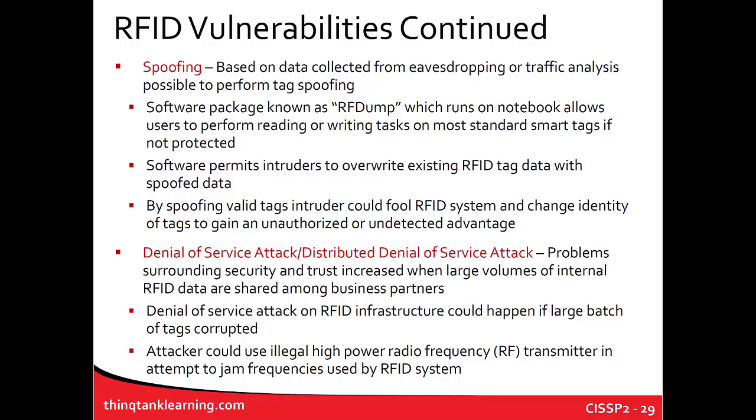Meaning the attacker can use data that they gather from eavesdropping or traffic analysis to generate their own fake RFID tags. We can also do data overwrite, meaning we can inject bogus data into the existing tags. And that might influence a system into granting access, possibly misidentifying assets, also denial of service. With high-powered RF transmitters, we could jam legitimate signals.